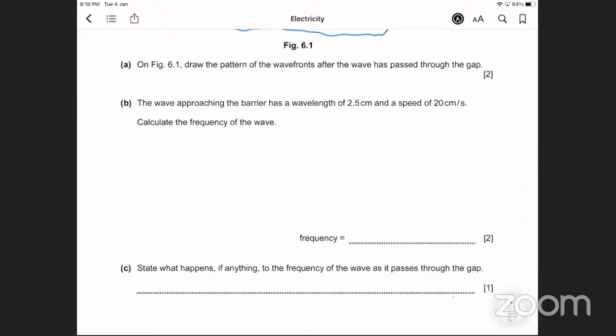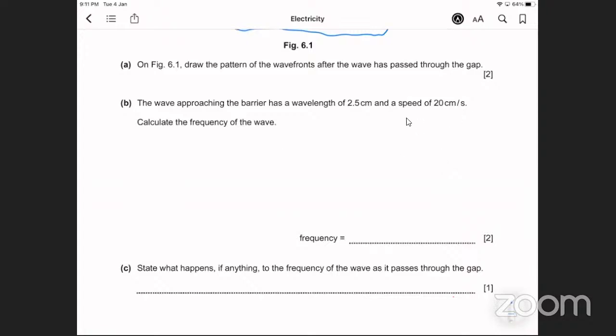Are we done? Right, so let's do it all together.